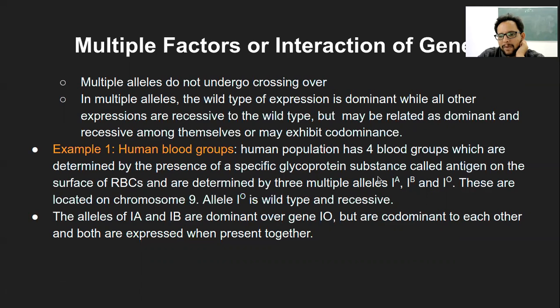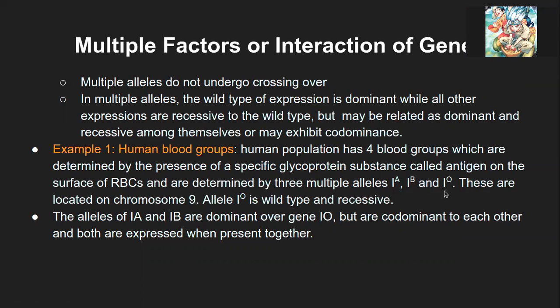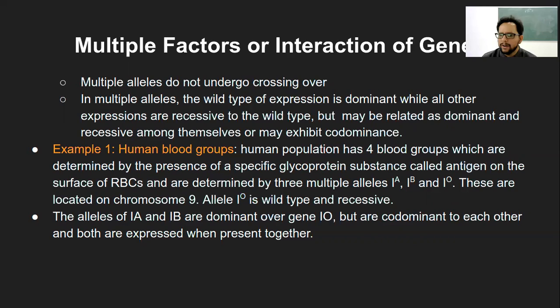That means there will be one set of IA, IB, and IO on chromosome 9 of the father, and another set of IA, IB, and IO on chromosome 9 of the mother. Yeah, sir, but that's not the case, right? It's only one in the set of the father, any one of the three, and any one from the mother. You won't have all three on the same homologous chromosome. Why not?